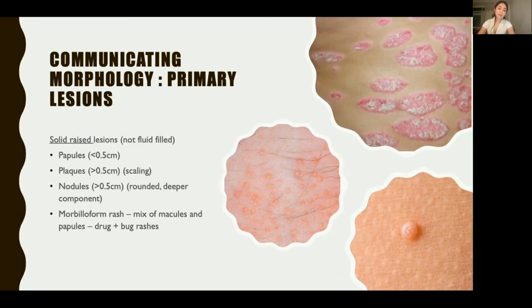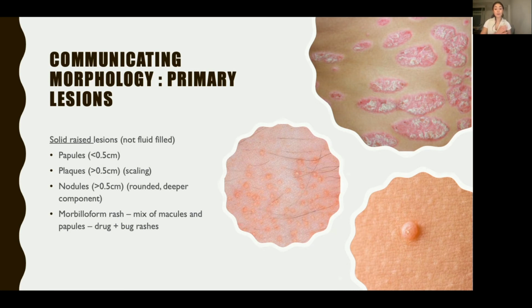And then solid raised lesions. So these are not fluid filled. So we've got papules. Papules are less than 0.5 centimeters, and an example of this would be milia. Plaques are over 0.5 centimeters and they have scaling. So obviously psoriasis is the first thing that pops into your mind when it comes to scaly plaques.